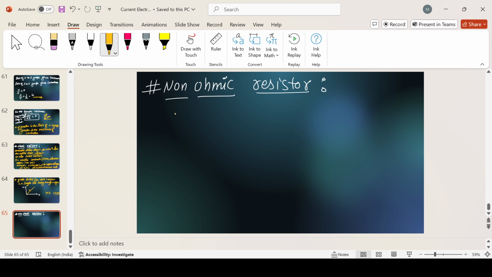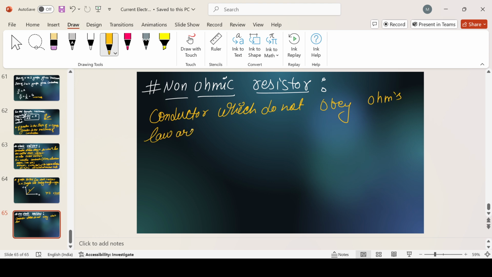A non-ohmic conductor which does not obey Ohm's law is called a non-ohmic resistor. ठीक है?